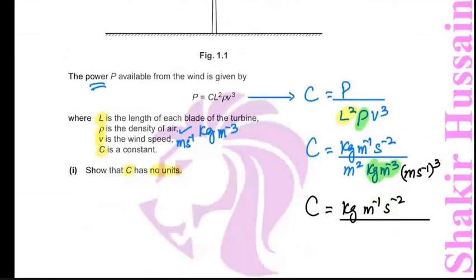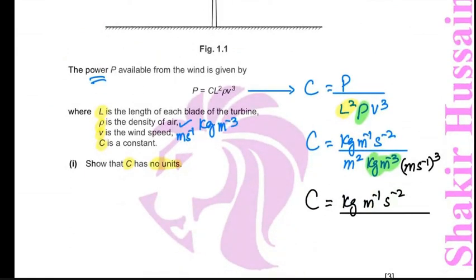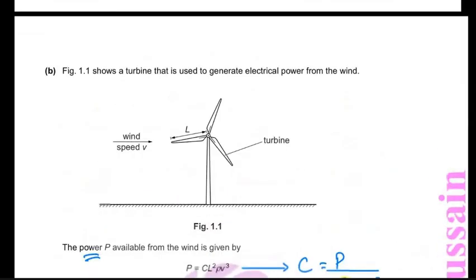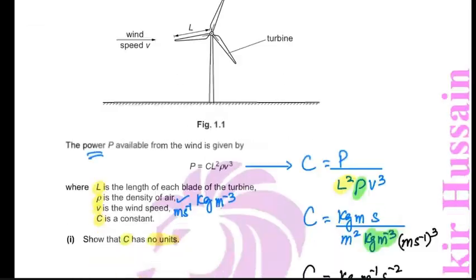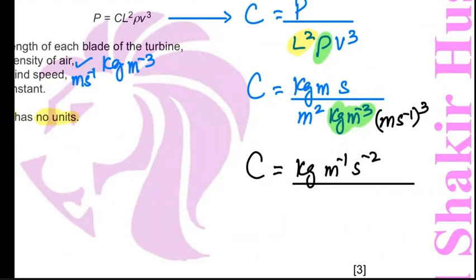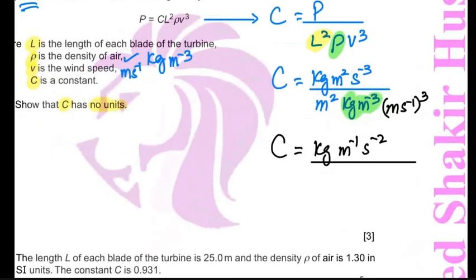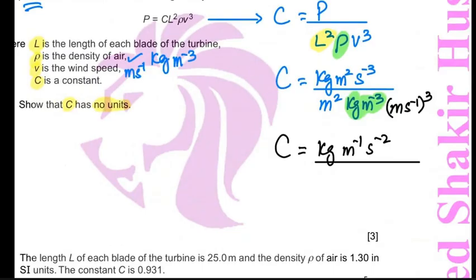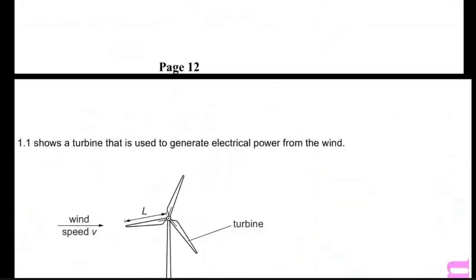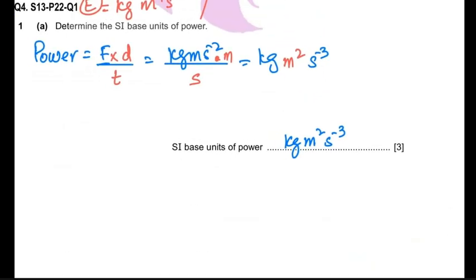Now just correcting this equation, the unit here is kg m^2 s^-3. And then solving, how is it s power minus 3?